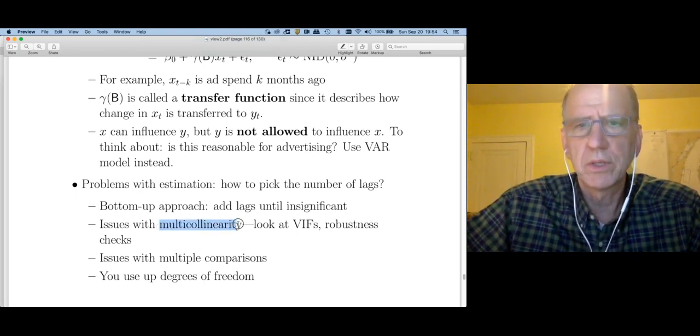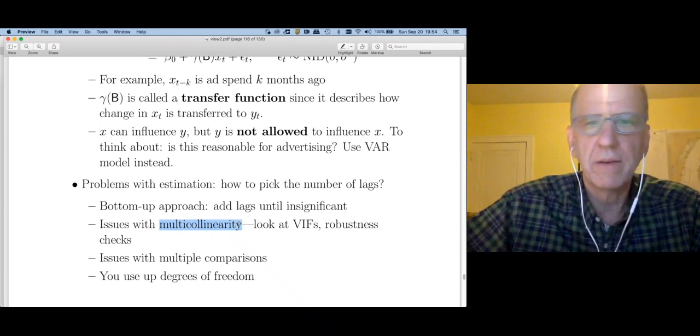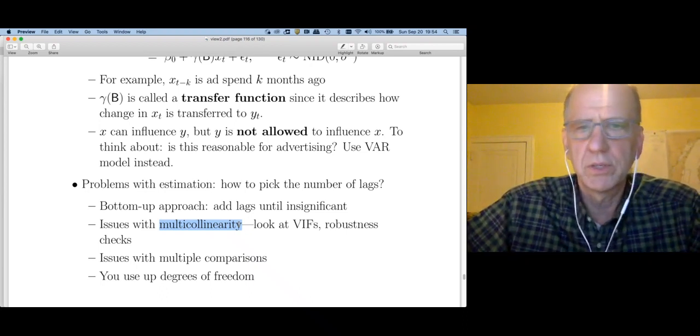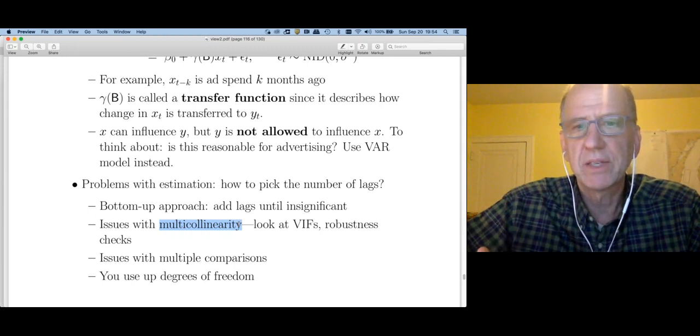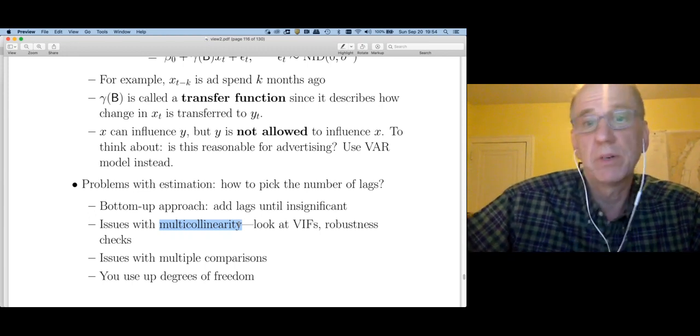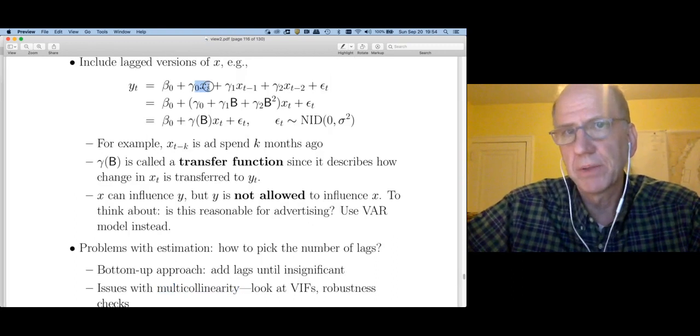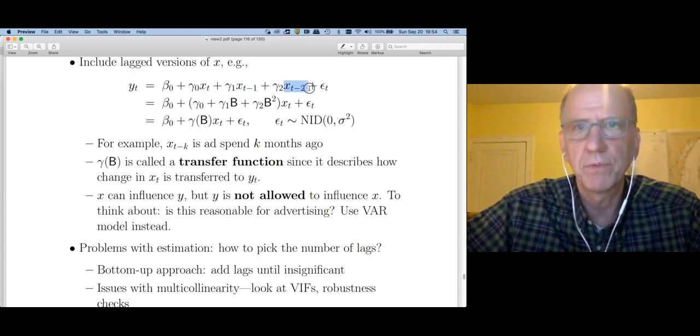The first one is typically you're going to have horrible multicollinearity problems. The reason for this is your advertising is just a percentage of sales, and if your sales are fairly constant over time, then your advertising is fairly constant over time. Advertising this month will be highly correlated with advertising last month and the month before.